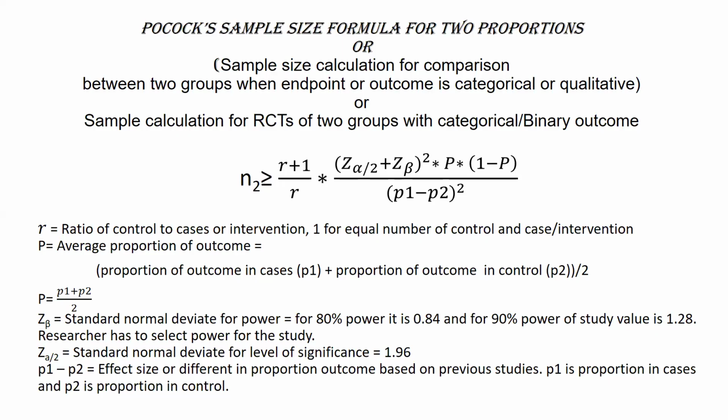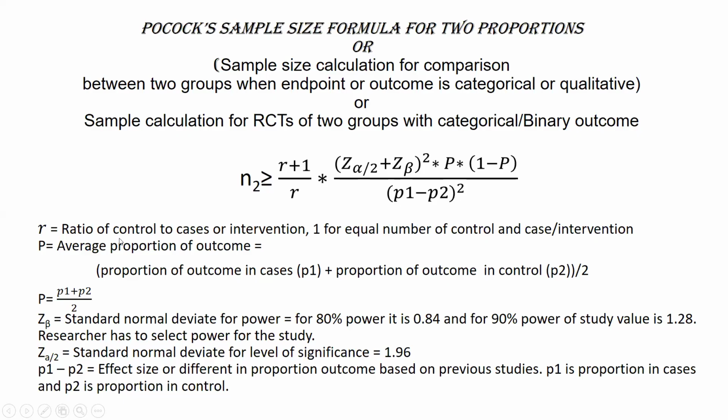But today we are comparing two groups, so Z beta is coming here. Plus Z beta, squared, multiplied by capital P, and multiplied by, in bracket, 1 minus P, divided by P1 minus P2 squared.